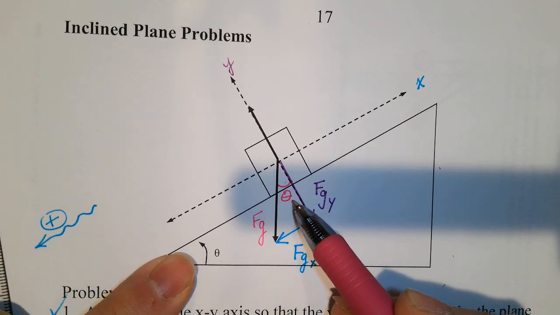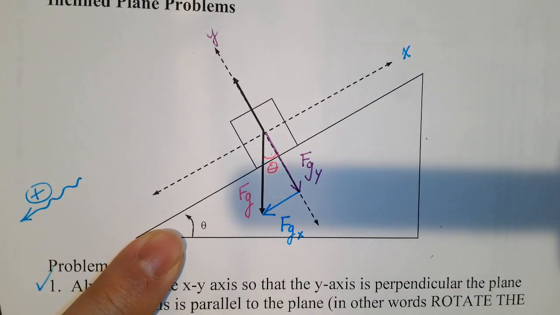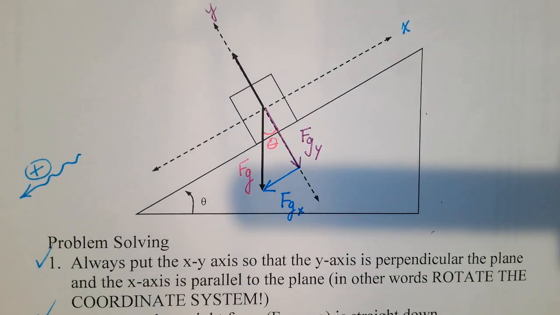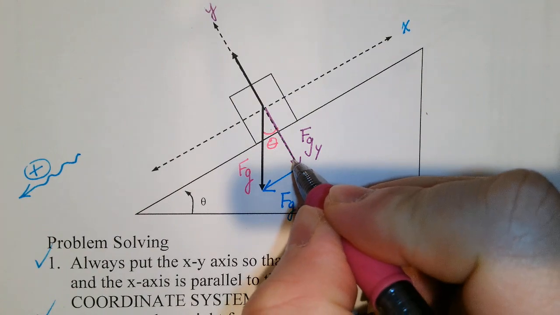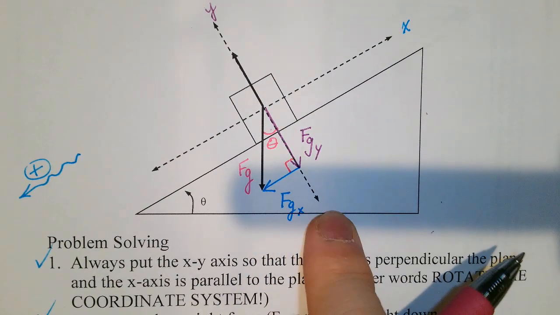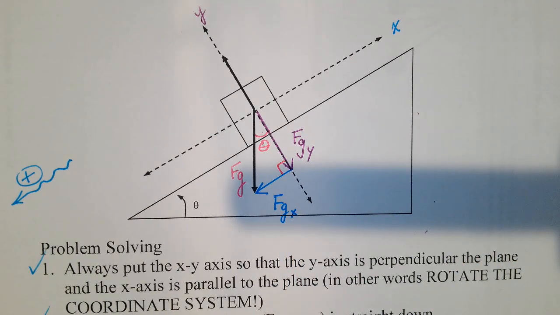Therefore, they have to be theta. So I proved it, and you can use it from now on without proving it again and again. Which makes this small inside triangle of your weight components a right triangle.